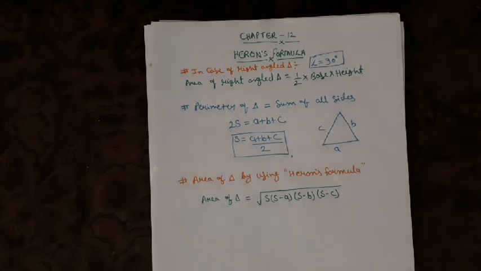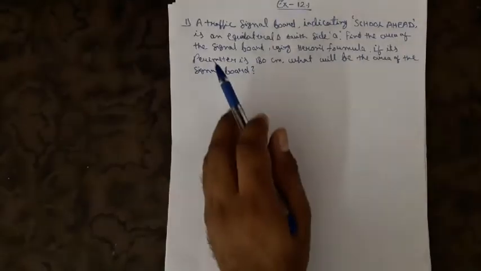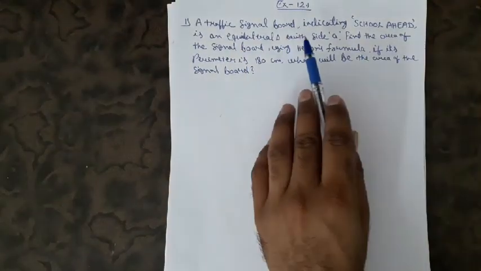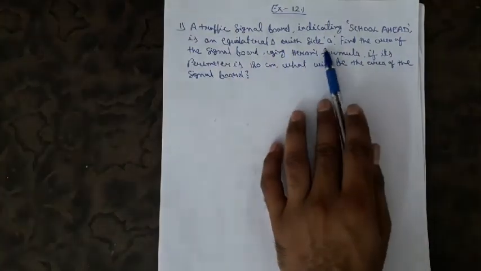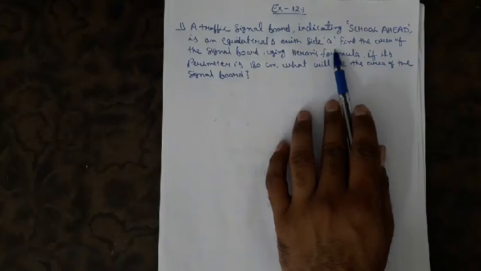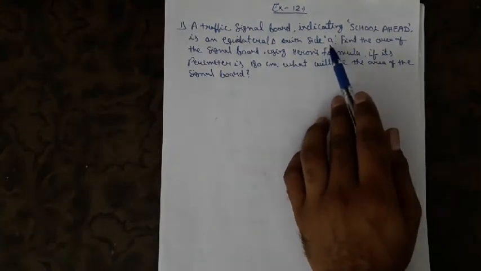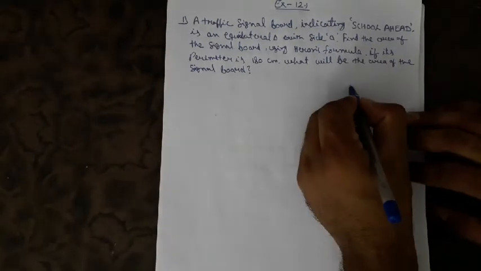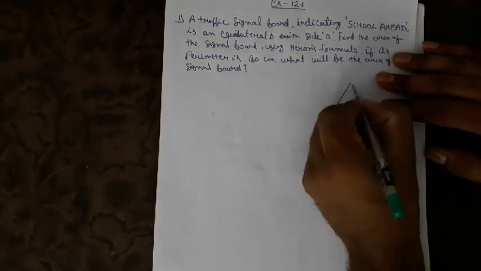Okay, so without wasting time, let us start exercise 12.1. The first question is: a traffic signal board indicating school ahead is an equilateral triangle with side a. So there is a traffic signal with school ahead indicated on it, and the measurement of its side is a.